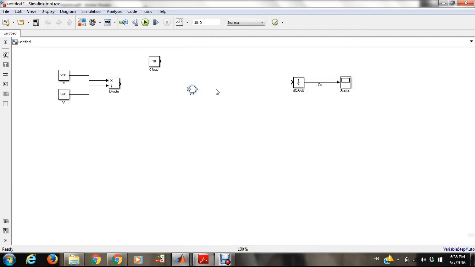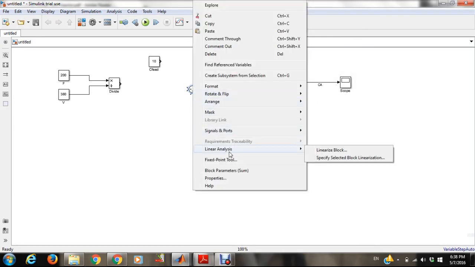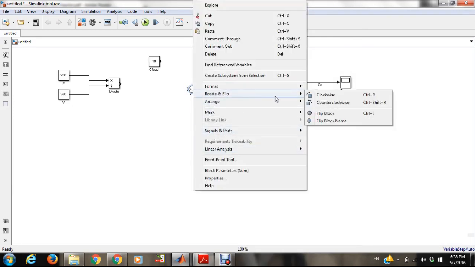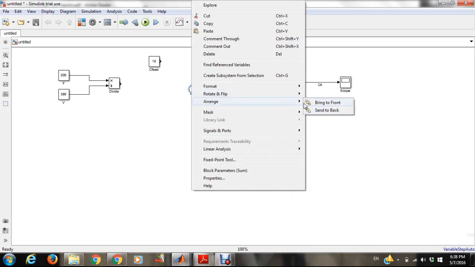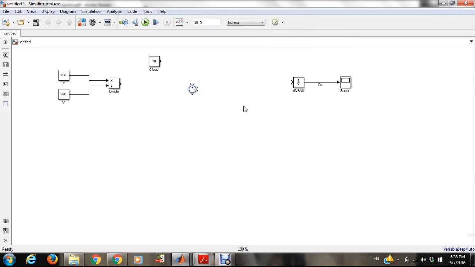Right click. Okay, perfect. So this is going to the positive C feed, and this is over here. So this is C feed minus CA.